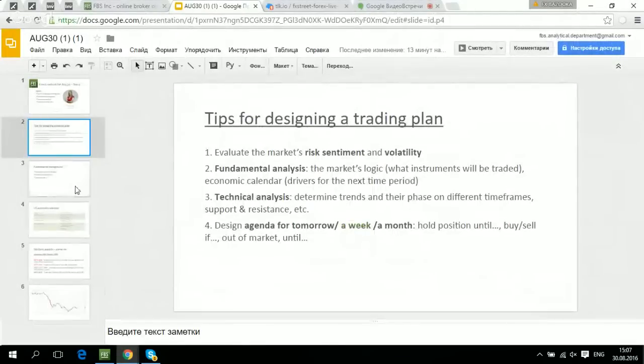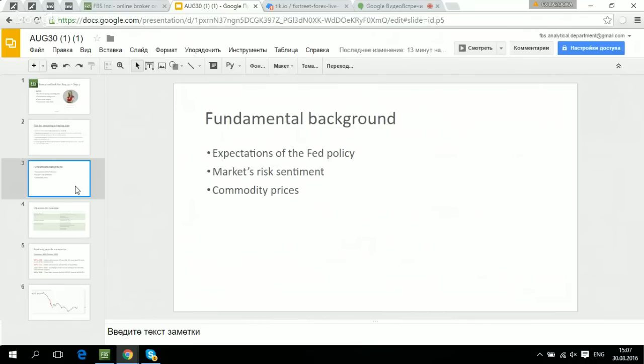Back to our presentation, and we now move to the fundamental background for Forex market. Firstly, I'd like to speak about the expectations for the Federal Reserve's policy. I think everyone understands that it is the main driver of Forex markets right now and probably always. But at the moment, of course, it is under the special focus of the market.